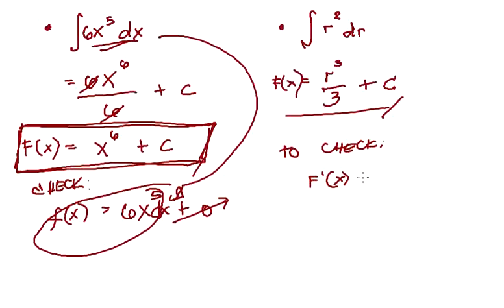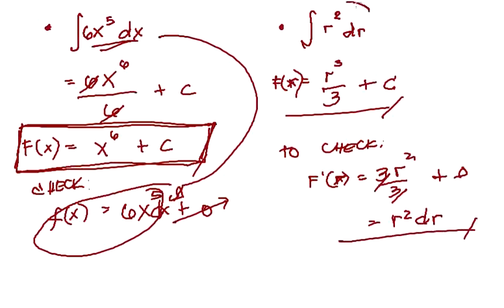The derivative of this is r squared all over 3 plus 0. So we can cancel that out, and then r squared dr. So this is now our answer.